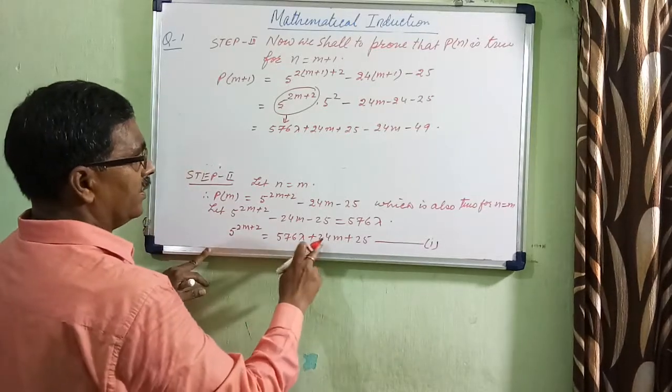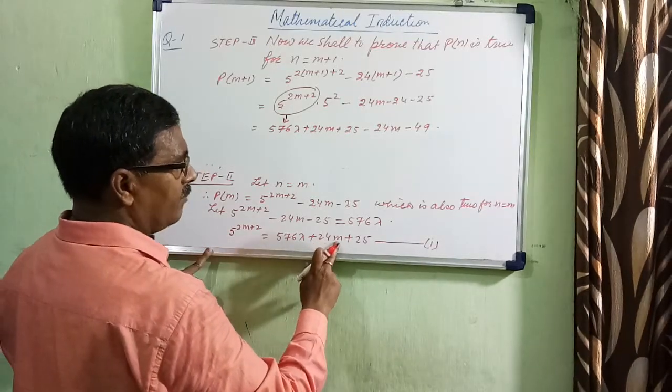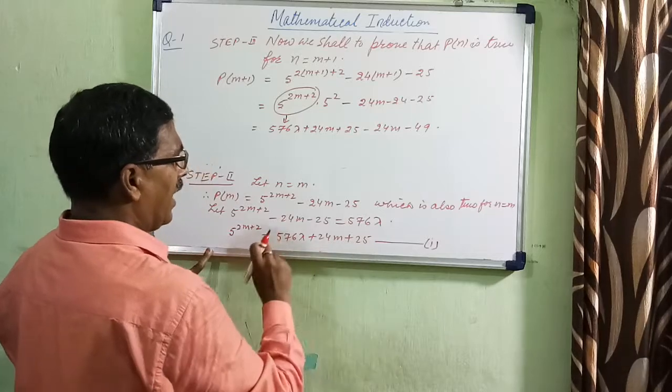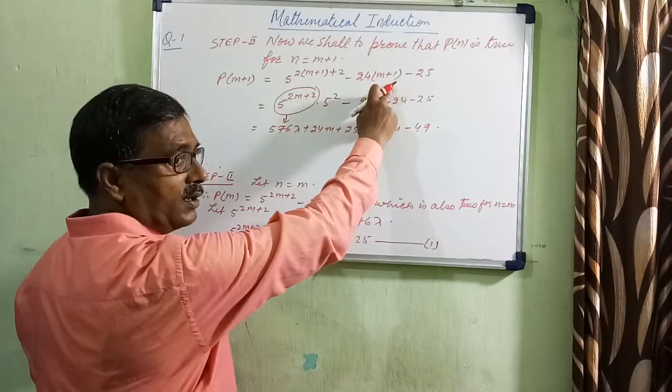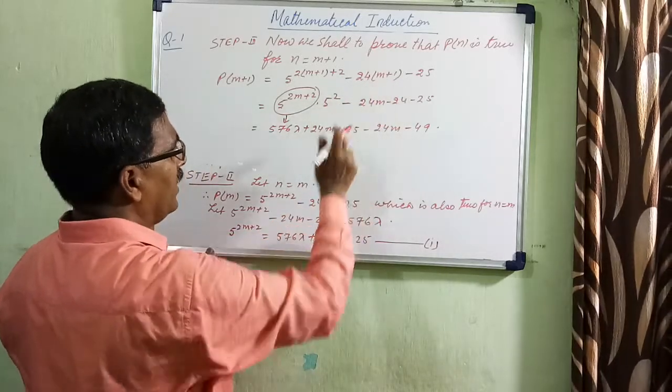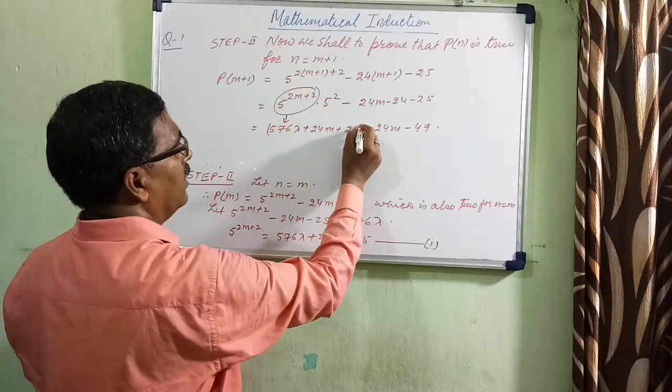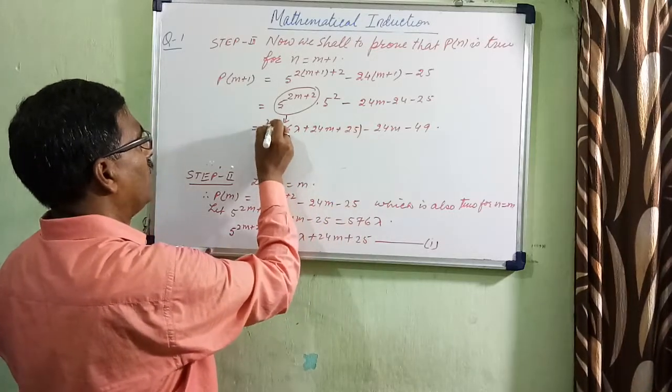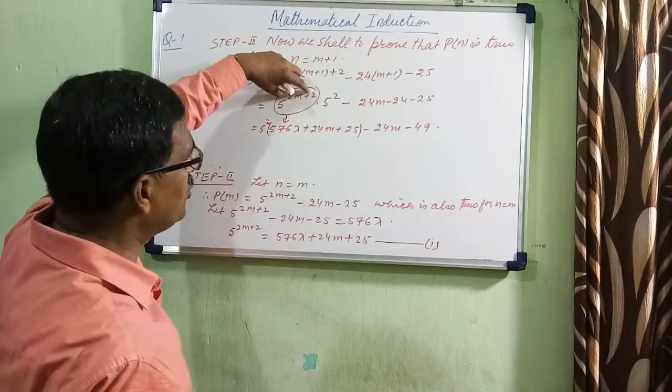Here 5 square will be retained, because you are going to substitute there.